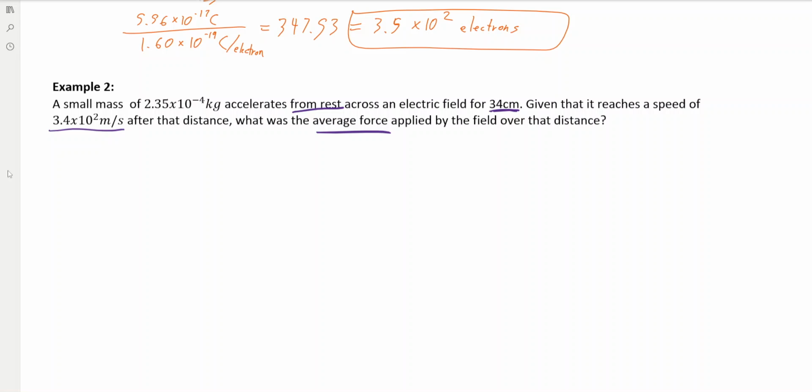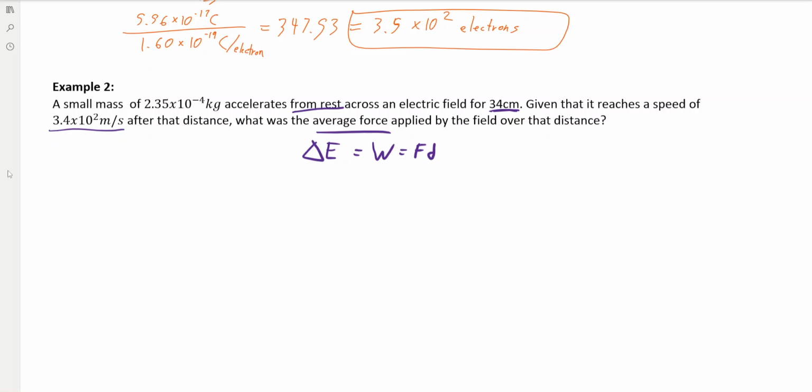Okay, so what's happening here? There's a few things happening, but I think this is an interesting thing to think about. Work equals force times distance. Work also is your change in energy, right?